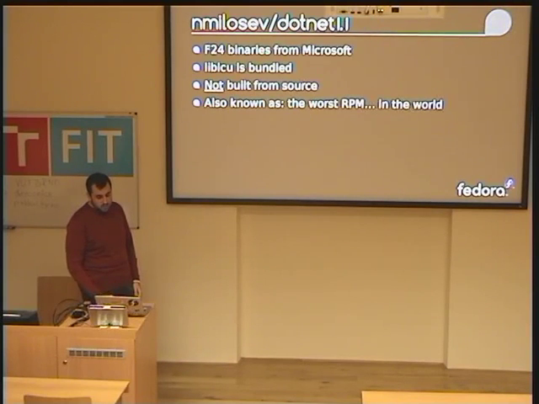The first one is called .NET 1.1. It's basically the same binaries you get from Microsoft, but with the correct libicu bundled. It's not built from source, obviously, and it's also known as the worst RPM in the world because if you go to the packaging guidelines, it breaks pretty much everything there because it's not built from source.